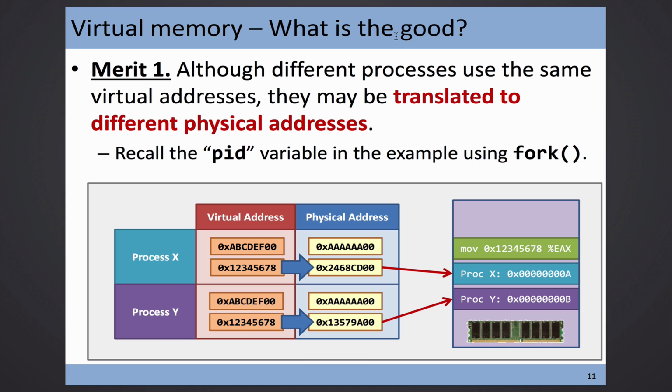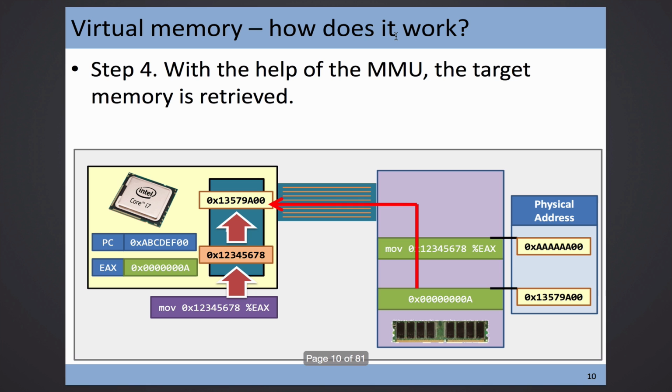So we go through this translation, and the magic of it is this translation lookup table. We need to construct it so that it knows which process you are. You are process X, I give you mapping A. You are process Y, I give you another mapping B. How do they do it? How can they switch? Or how do we construct the content inside it?